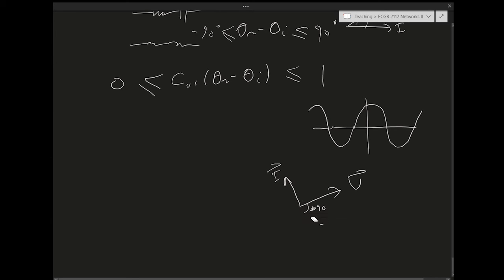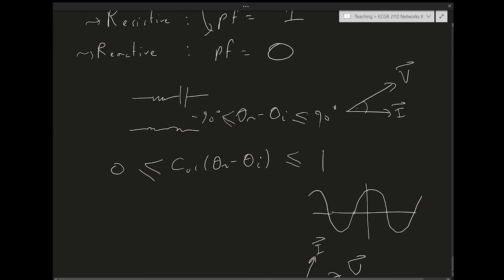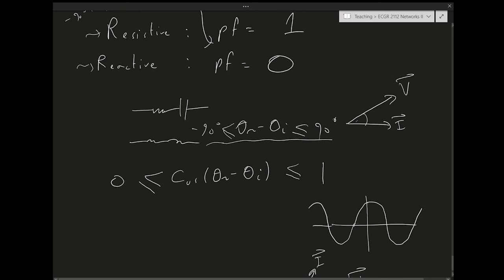That's the maximum. But if I string in a resistance with the reactive element, I end up with something like this. So theta v minus theta I is always going to be between minus 90 and 90.